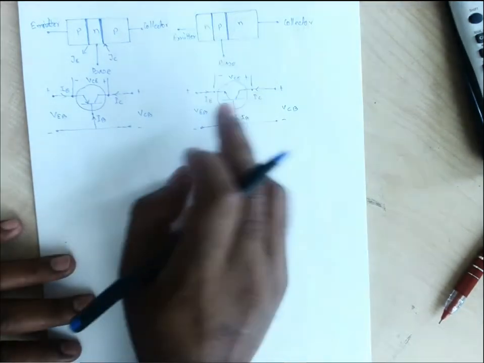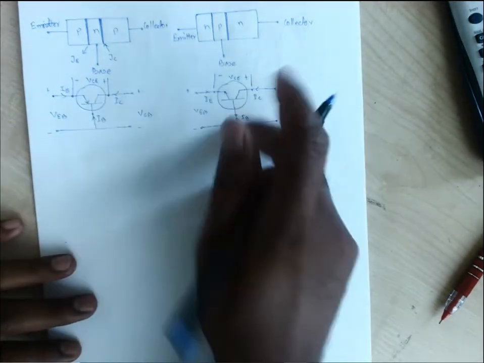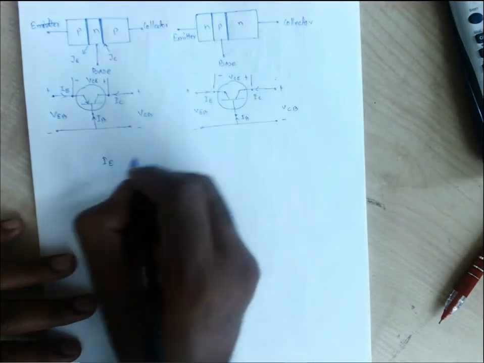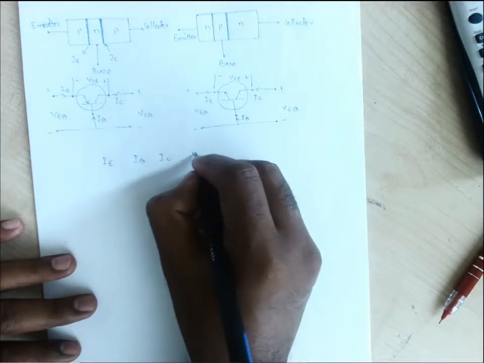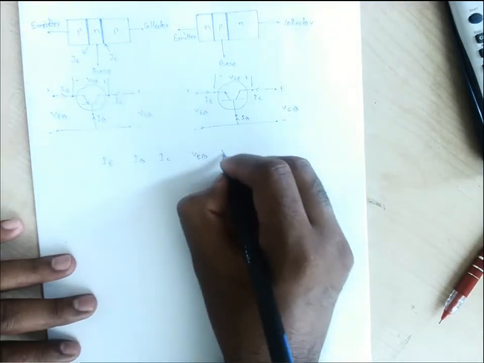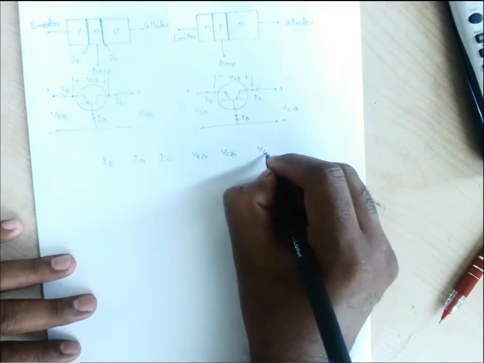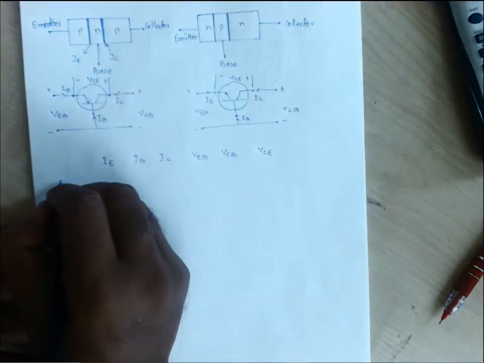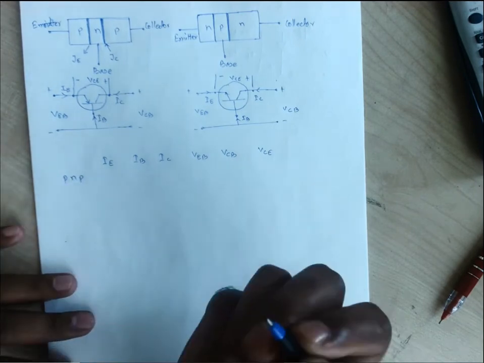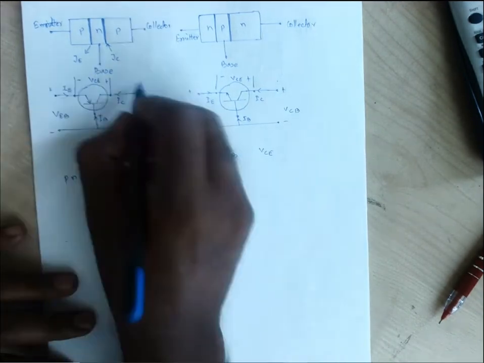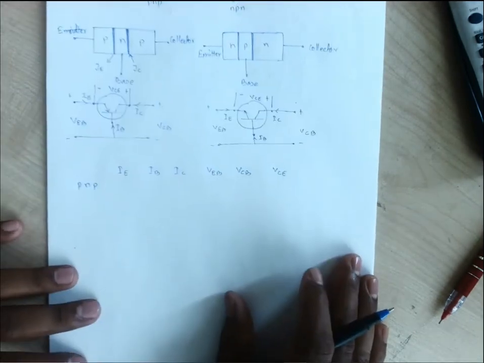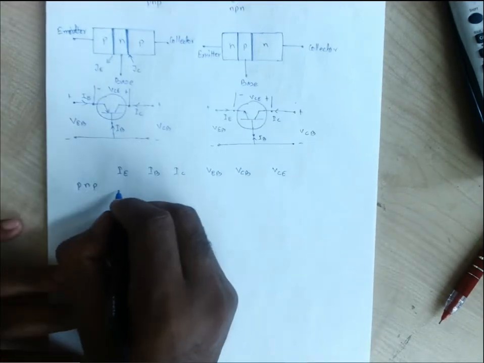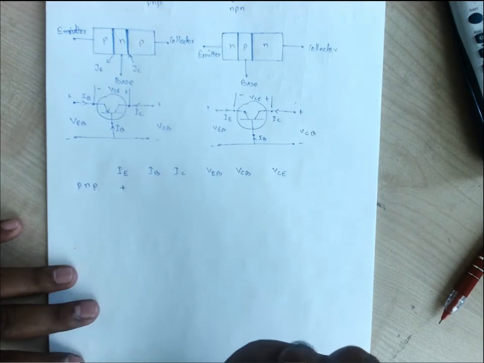So what components are there? Current and voltage: IE, IB, IC, VEB, VCB and VCE. For this PNP transistor, the IE direction is the same because the current is going inside, so we can take IE as positive.